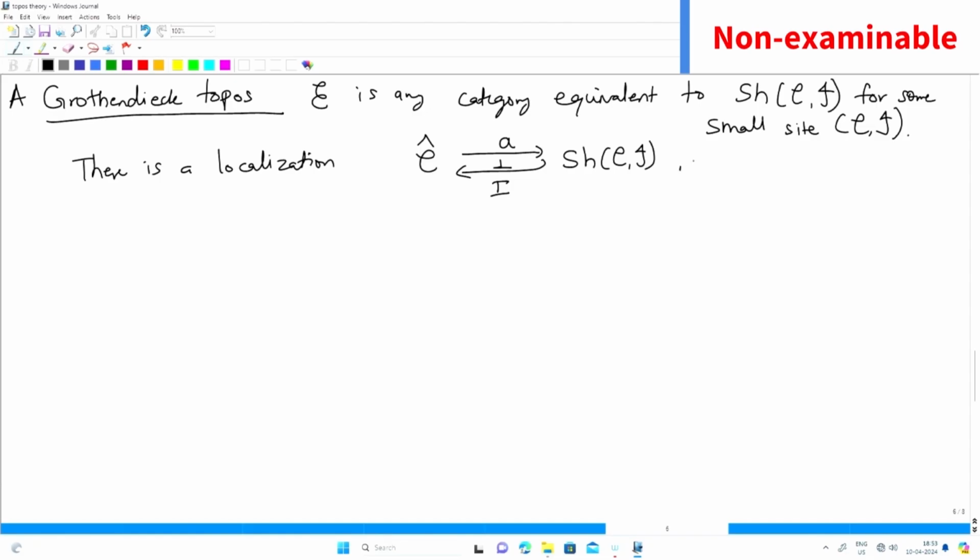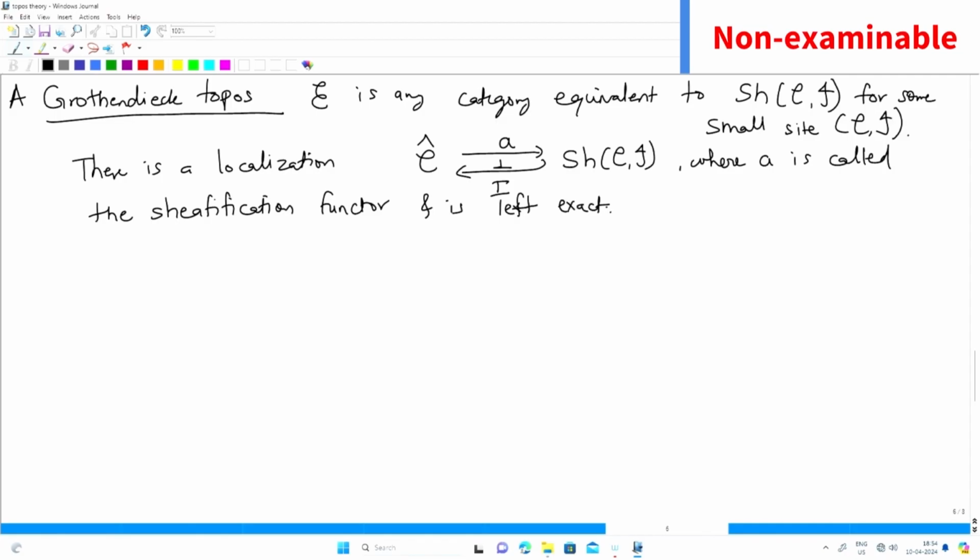There is a localization A, which is called the sheafification functor. And it is left exact. Left exact means it also preserves, left adjoints normally preserve co-limits, but here we are asking that it preserves finite limits as well.